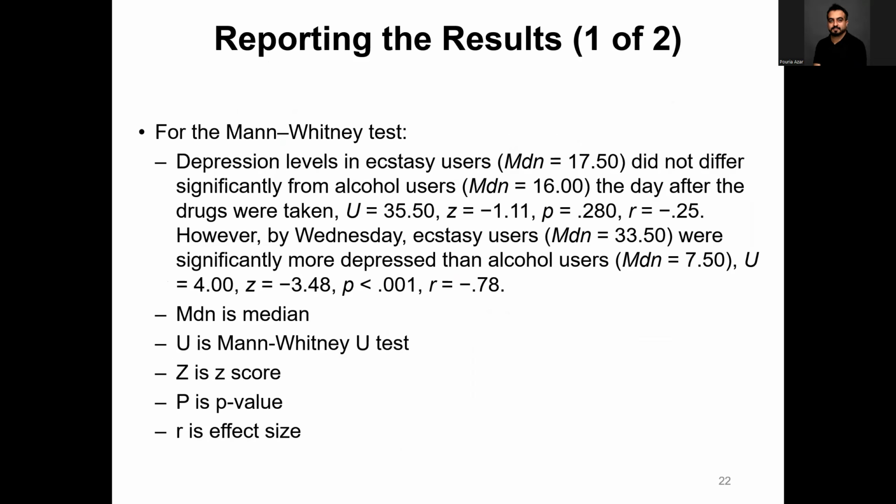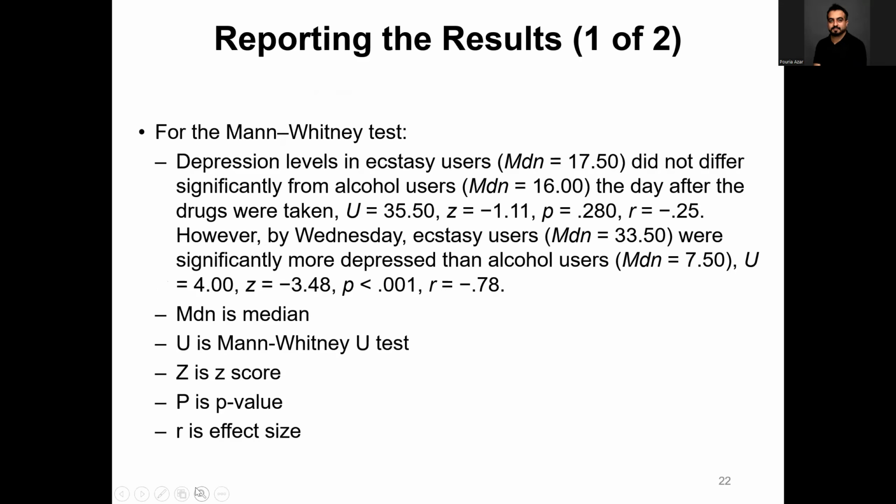So this is how I report my data for the Mann-Whitney U test. I would say depression levels in ecstasy users, and inside the parentheses I provide the median. Mdn is median. Did not differ significantly from alcohol users. And again, inside the parentheses, I provide the median for the alcohol group the day after the drugs were taken.